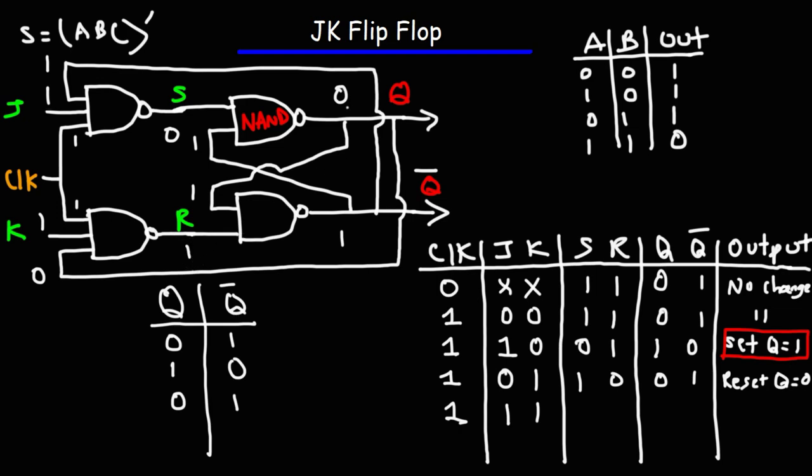So Q is initially 0. So we'll change this to 0. 0 and 1 will make a 1. So Q bar is 1, S is 0. That's going to change Q to 1.